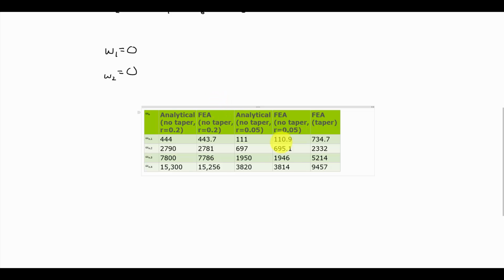So in the end, these would be our first 4 natural frequencies in radians per second for this tapered beam, and we have some confidence that these are the correct natural frequencies.